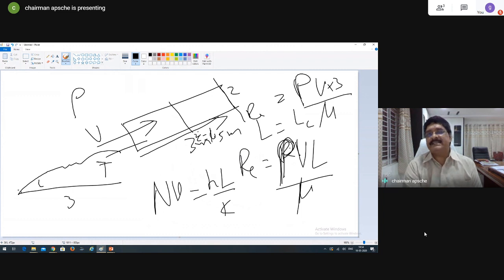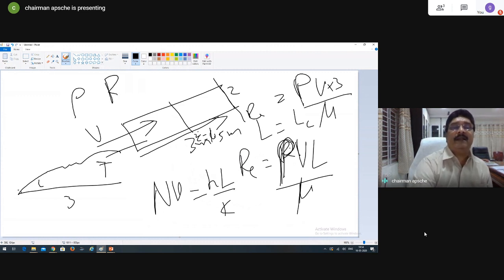To decide the nature of the flow, you need to calculate Reynolds number. Say for this plate, I calculated Re L and got 1 into 10 power 6.